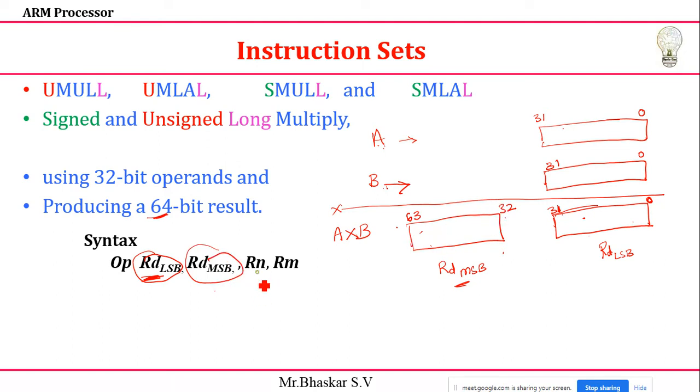These other two registers are the multiplication operands, each 32 bit, here my Rm and my Rn. After multiplication of these two, I'll get the result, first the LSB and then the MSB. For explanation purposes, I'll take the first instruction.